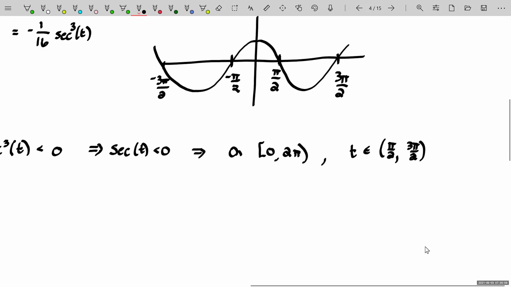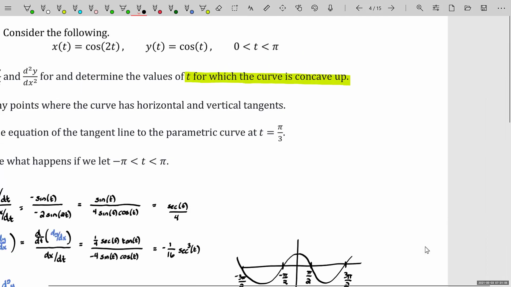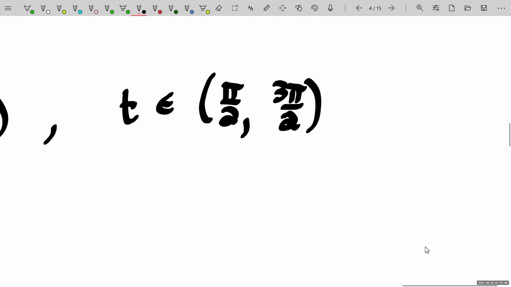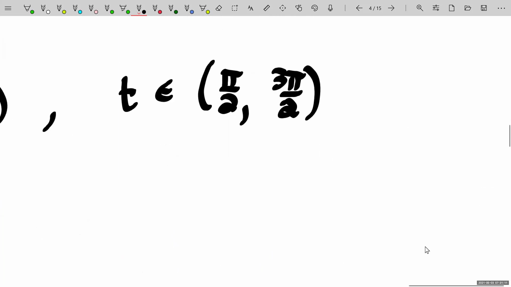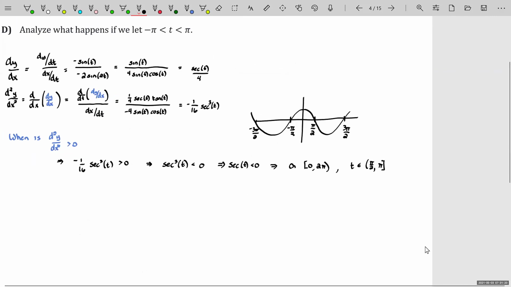If you want to put it in general, oh, was it given from 0 to pi? Perfect. Oh, thank goodness. From 0 to pi. Perfect. Then it's just from pi over 2 to pi. And you can actually include the edge point there, although normally you wouldn't have to include that. But yeah, it's from pi over 2 to pi.